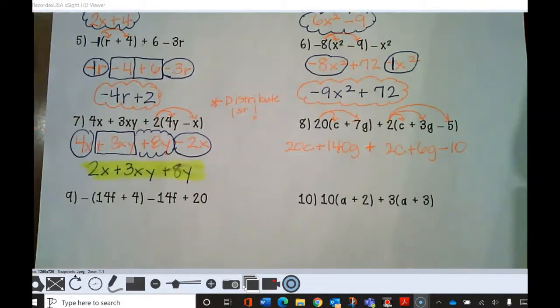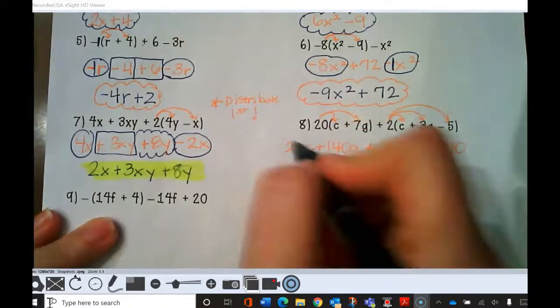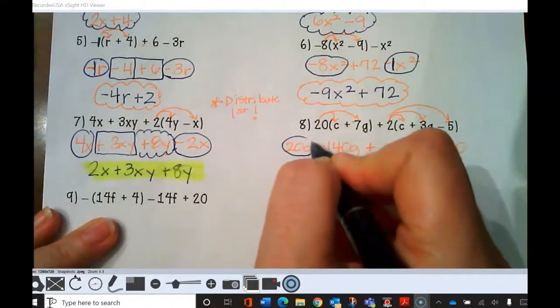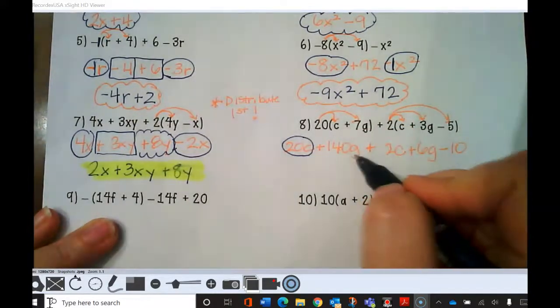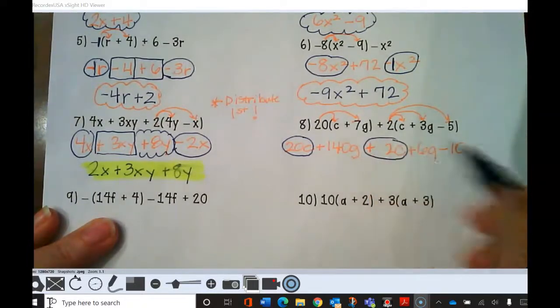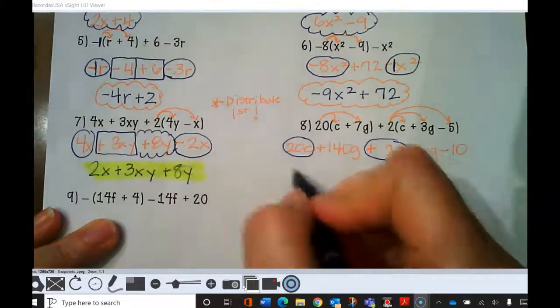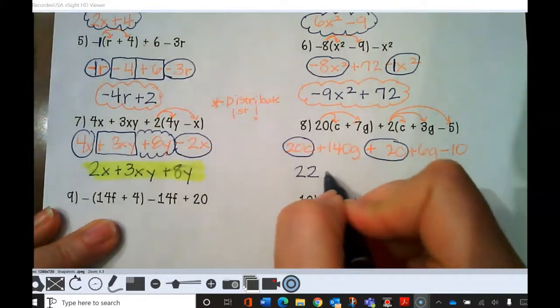That's a lot of terms. So we're going to only look for our like terms, start on the left, and move to the right. So we have some c's. Those aren't c's, these are c's. So keep going. Do we have any more c's? No. 20c plus 2c is 22c.